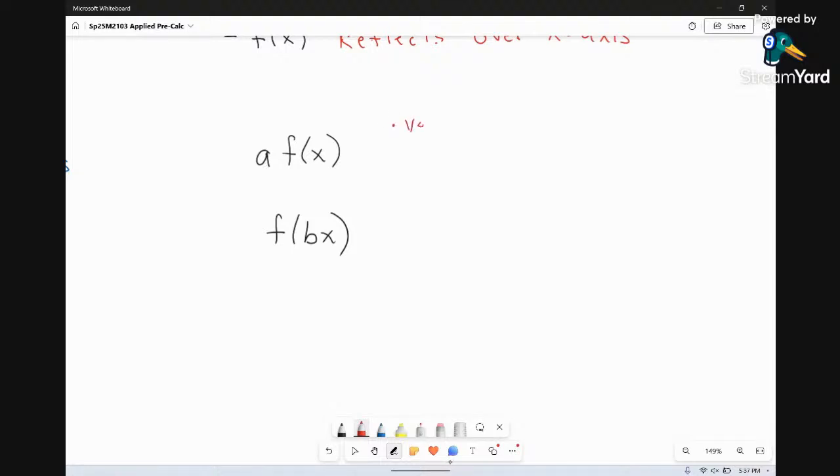This is a vertical stretch if A is greater than 1. I'm going to say it's absolute value. This is a vertical shrink or compression. I'll just use the word shrink.